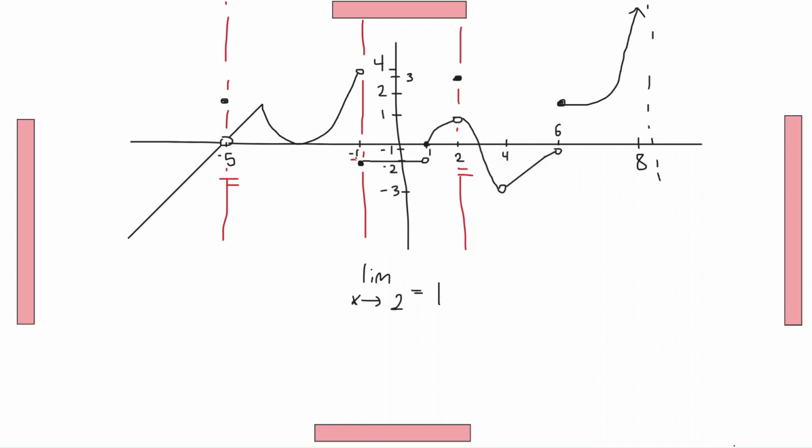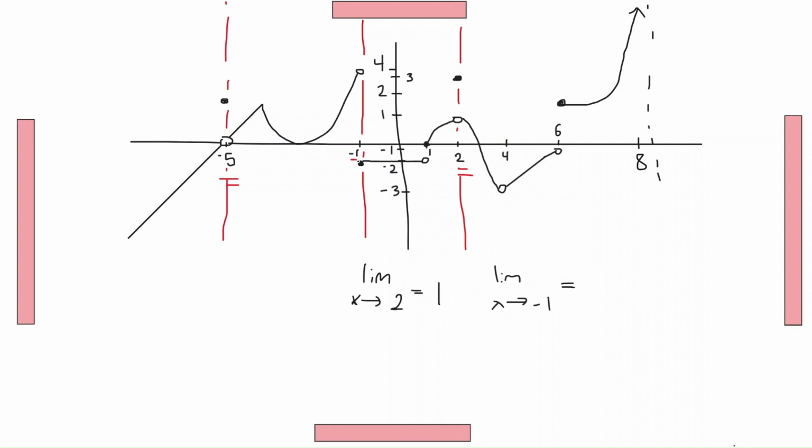What if it asked you on this one here? So before, what if it asked you the limit of negative 1? What would you do? So if we ask for the limit of negative 1, we know that the limit values are different.